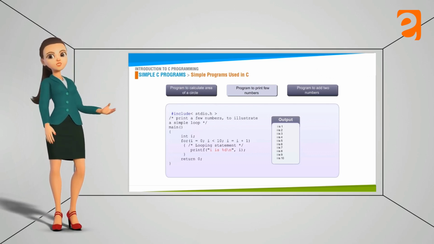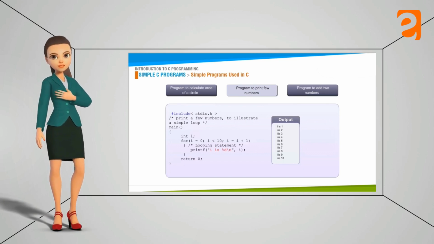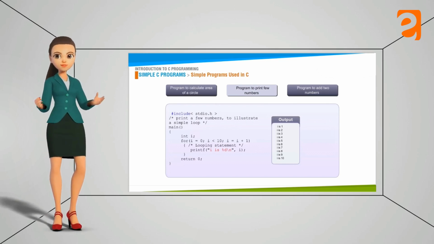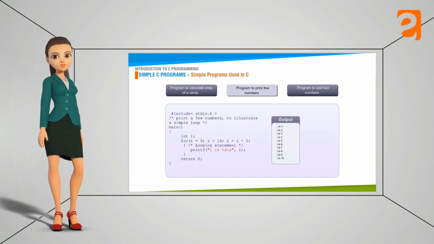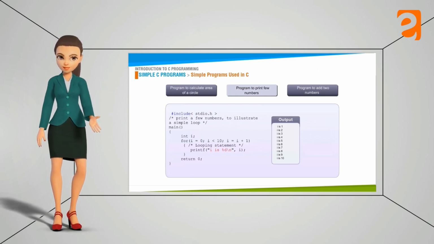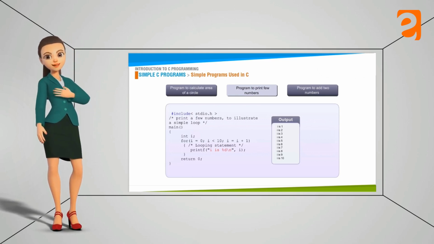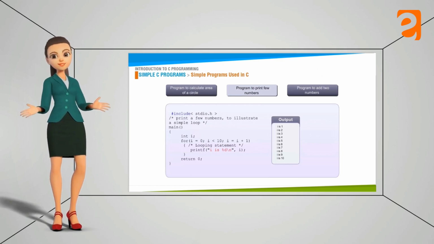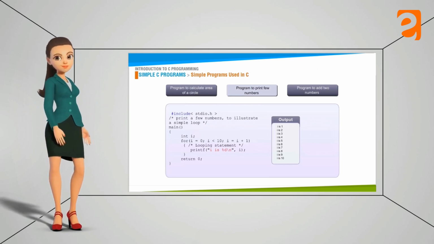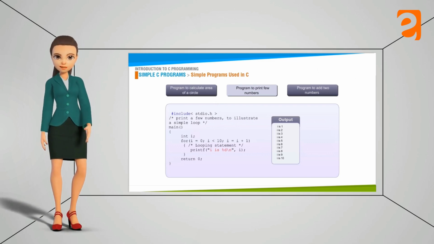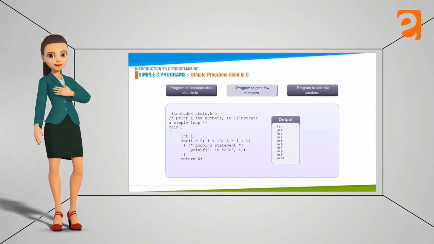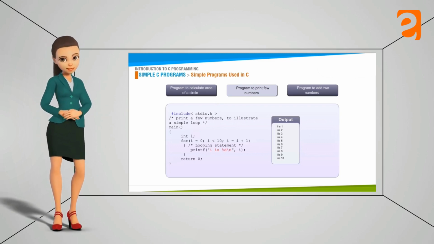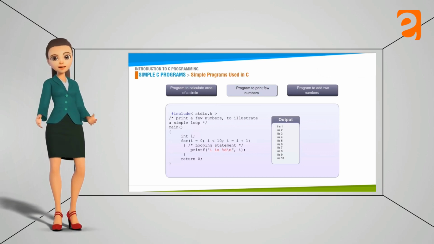We can notice that the value of i is initialized to 0. For each iteration, it checks the condition whether the value of i is less than 10. The value of i keeps incrementing for each iteration until the condition i less than 10 is satisfied.